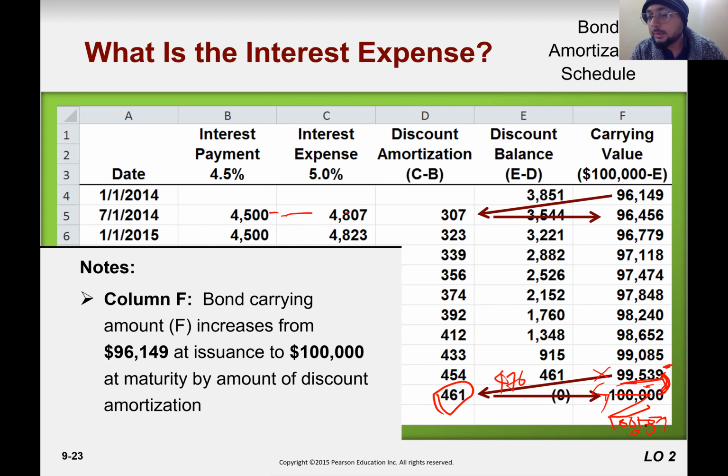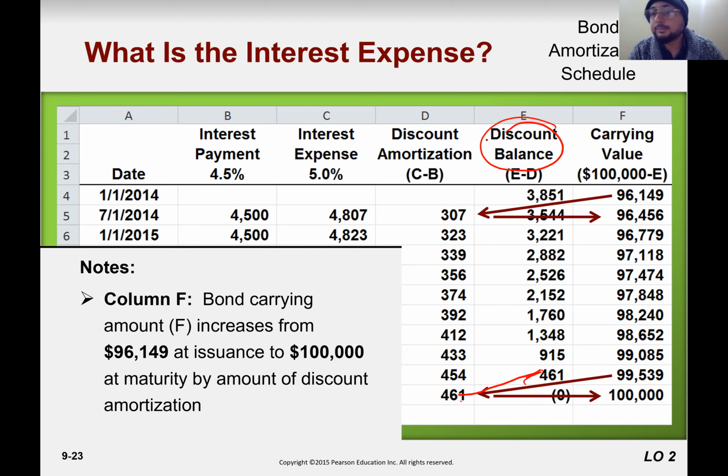So you make a plug figure that is 461. That is the logical amount here: the maximum amortized amount is going to be 461 until this discount becomes 0. So you see, the last amortized value is exactly the same figure. They just transfer this 461 here because that is the left amount in the discount balance.